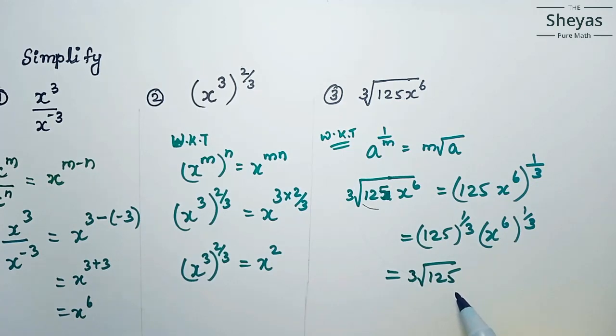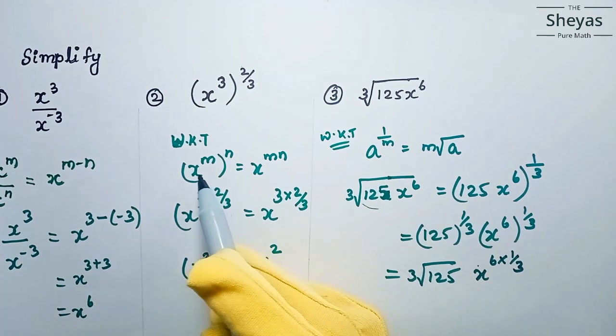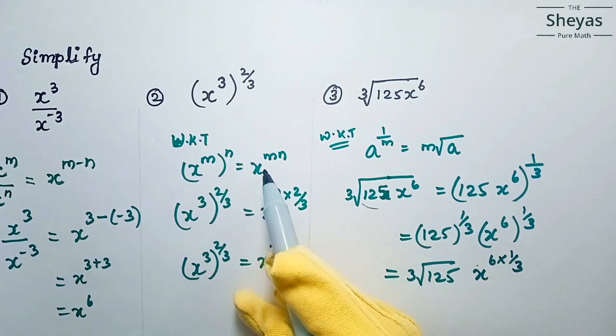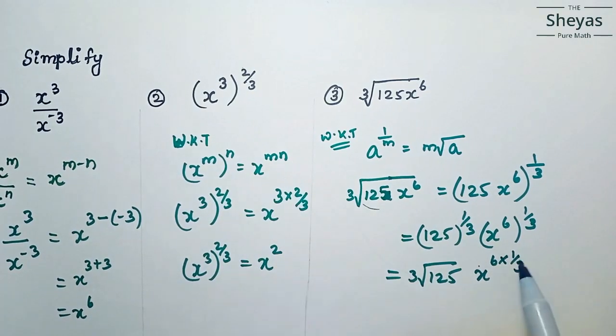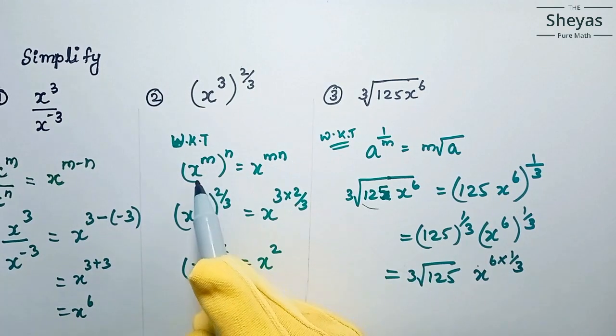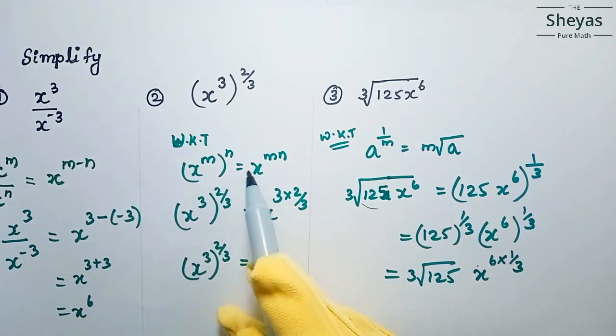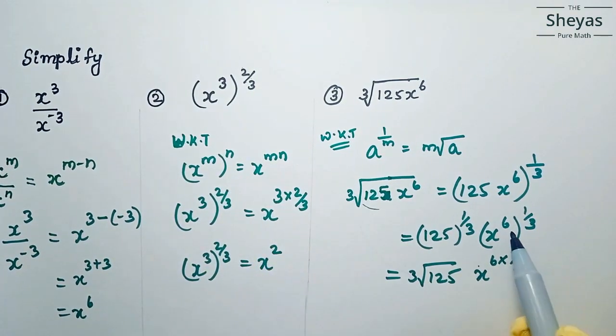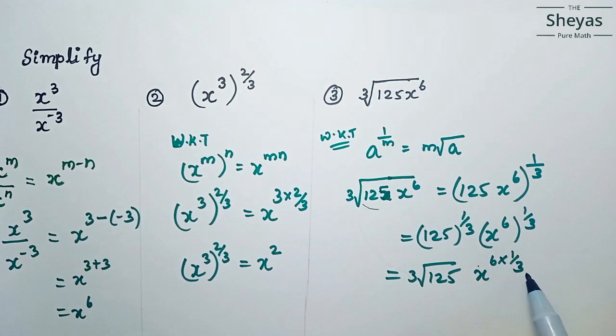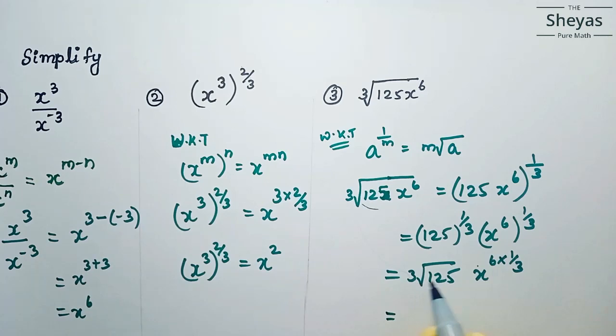And in this step, x power 6 into 1 by 3 using the rule x power m the whole power n can be written as x power m into n. So 6 into 1 by 3. What is cube root of 125? 5.